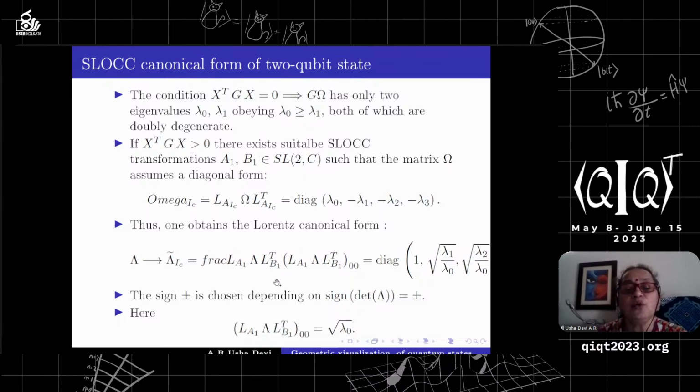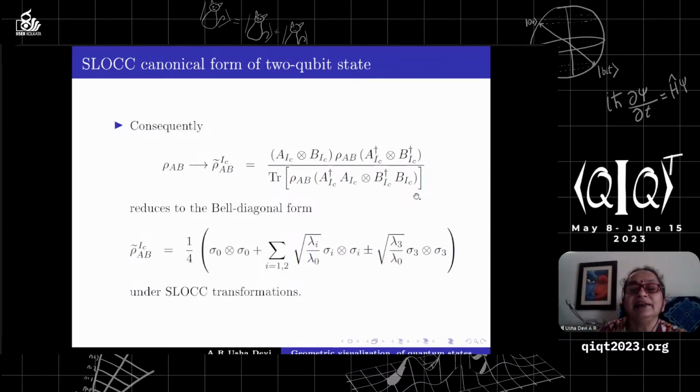And then I do obtain the corresponding 4x4 real matrix. So unfortunately, I will not go into specific details here, but I will only say the corresponding density matrix canonical form is nothing but a Bell diagonal form.